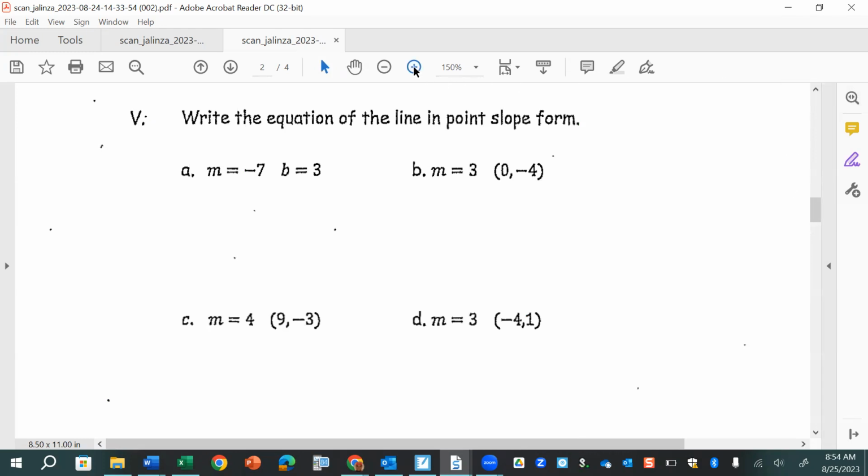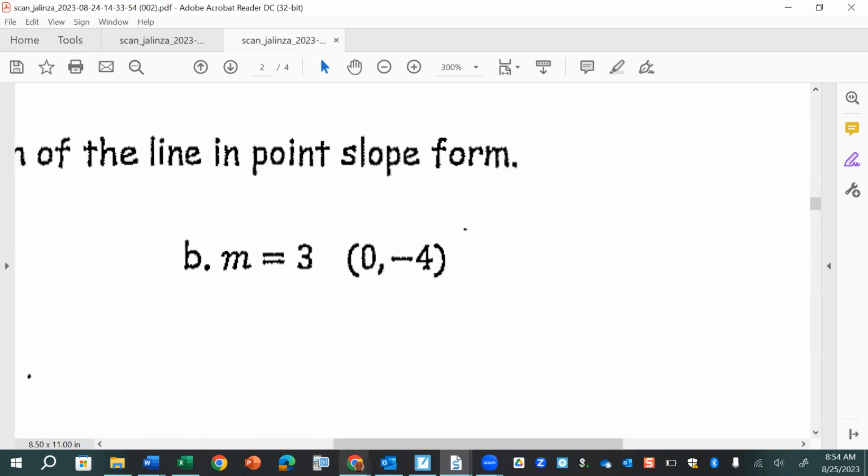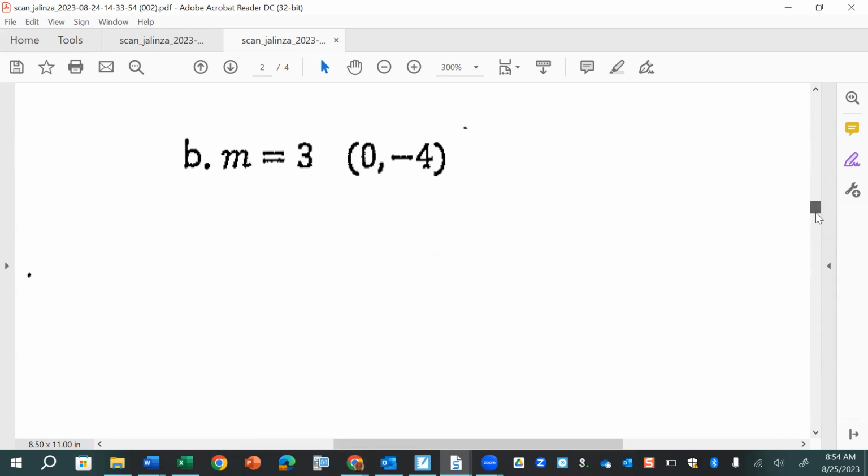The first thing you have to figure out is which formula would be the best one to use. If I gave you a slope and a point, point-slope. See how that works? So step 1, you're going to write this down.